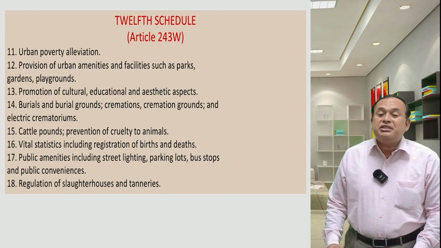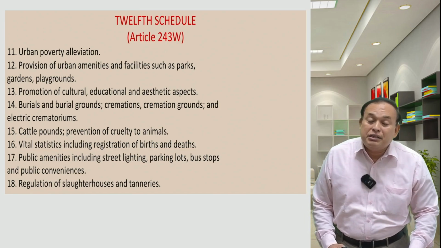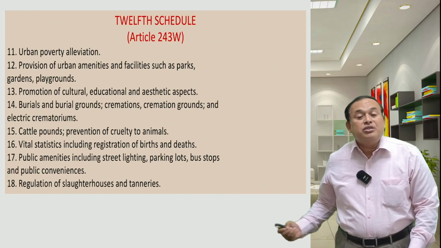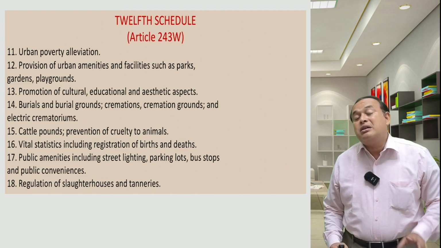If the institution is established by passing an act in the Parliament or in the state legislative assembly to meet these objectives, Article 243G or Article 243W, we call it governmental authority.